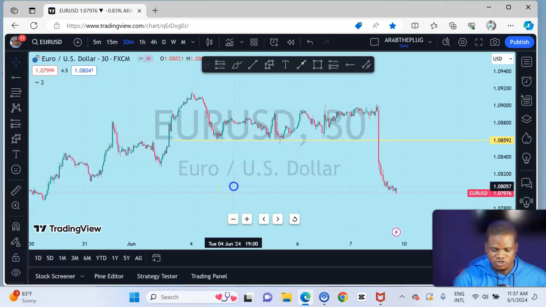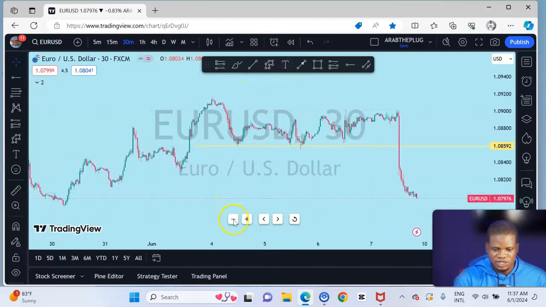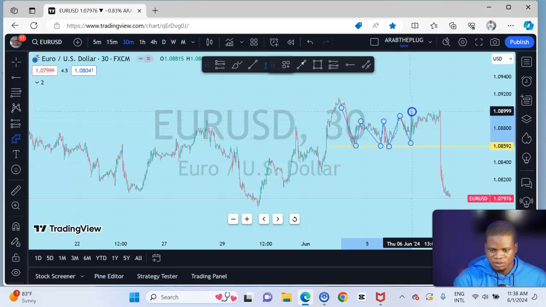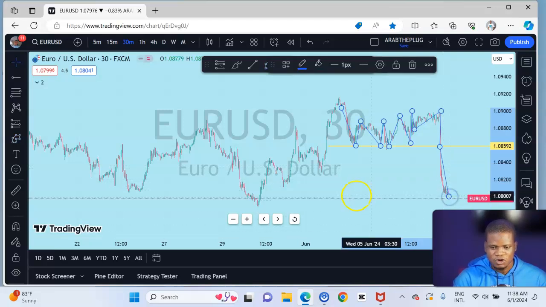We call it an area of support because during this price movement, whenever price drops to this particular area, buyers come in and push the price up. Price came back to this area, buyers came in and pushed the price up, price dropped again, buyers came in, pushed the price up, it dropped again, they pushed the price up, dropped a little bit, pushed the price up, before it eventually broke the support at this point and the price started moving down. Right? That is the concept of support.